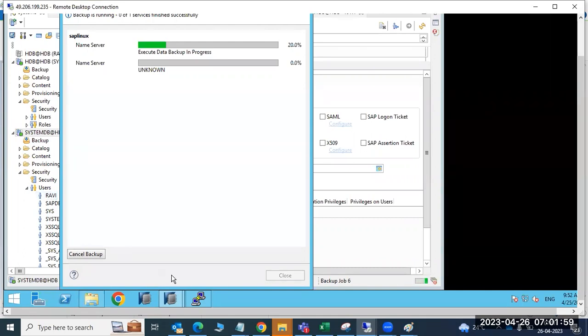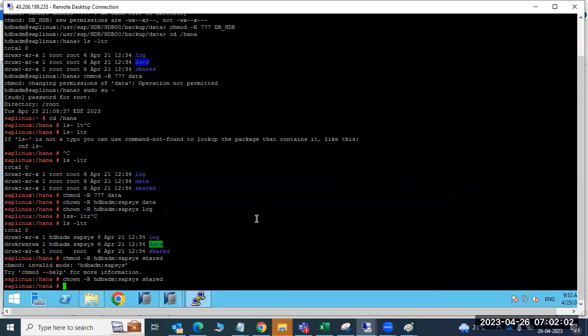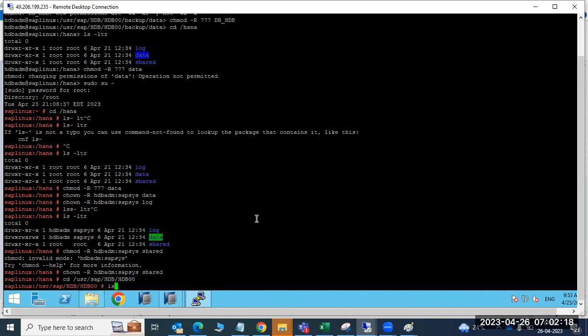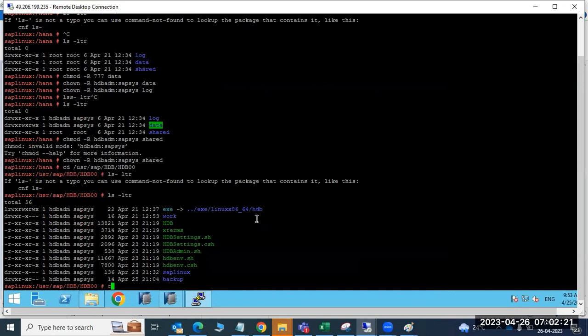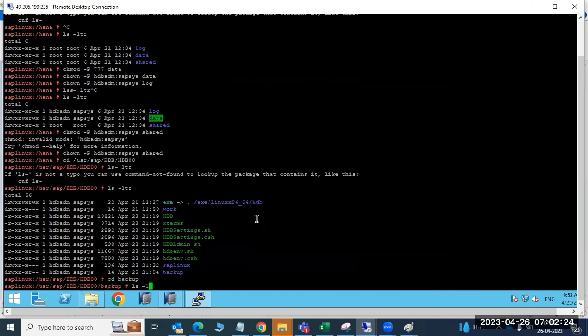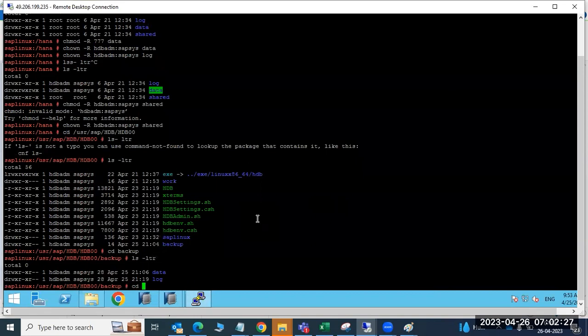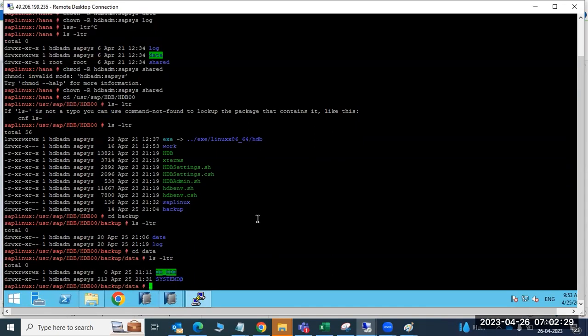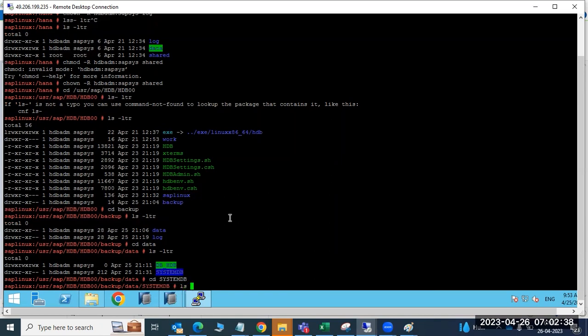At OS level, the files will be created. If you go to /hana/shared, USR SAP HDB, the backup folder is there. Here you can see data, the data folder with system DB and the tenant DB folders.